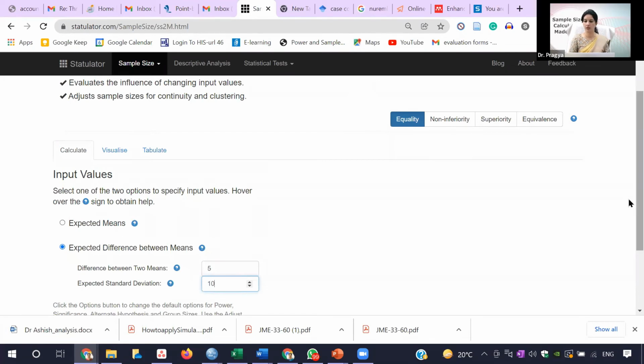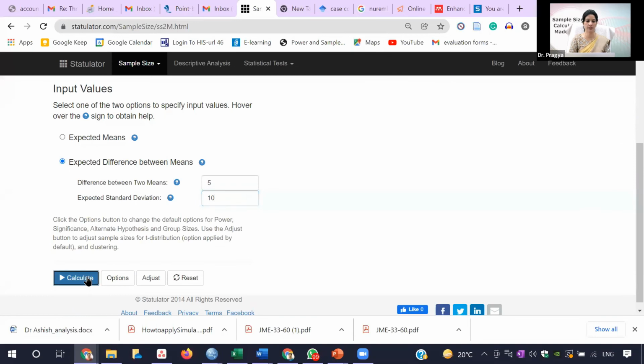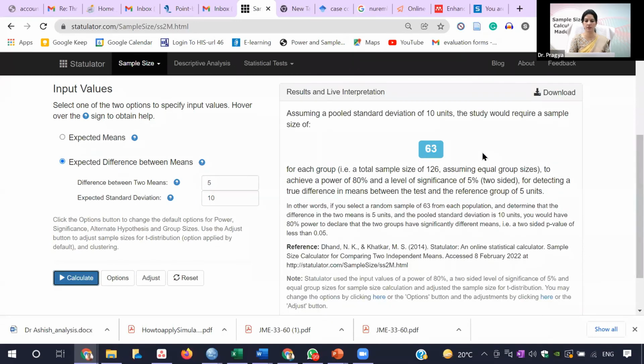And he has not done any adjustment. So if you calculate the sample size, you can see it is 63. So assuming a pooled standard deviation of 10 units, the study would need 63, so a total of 126. And that was the calculated sample size which we got.